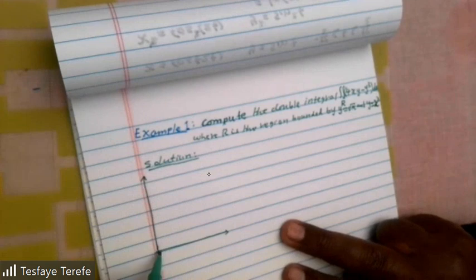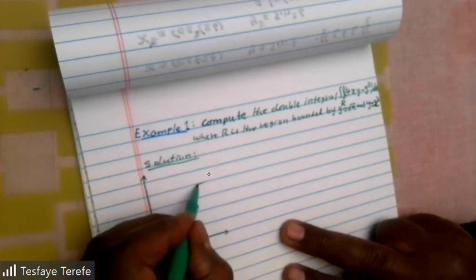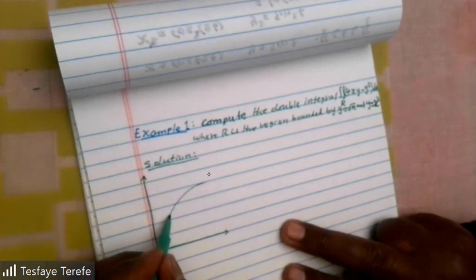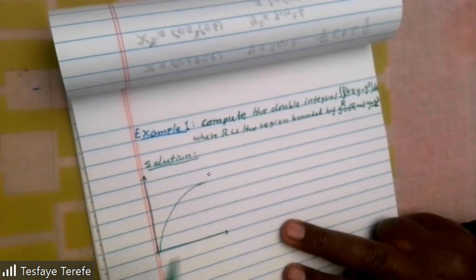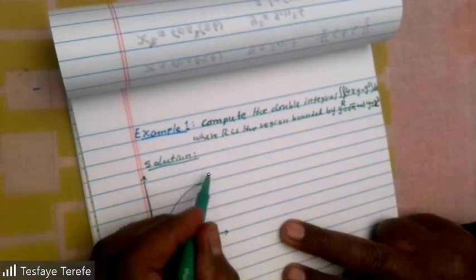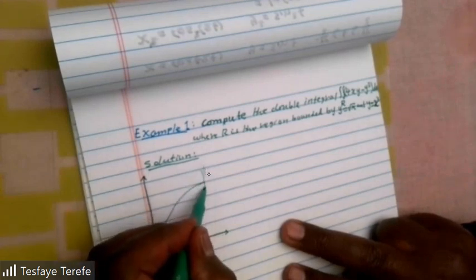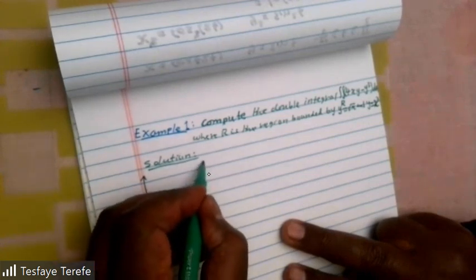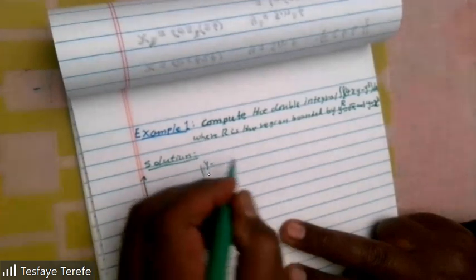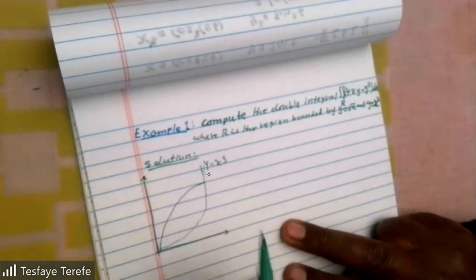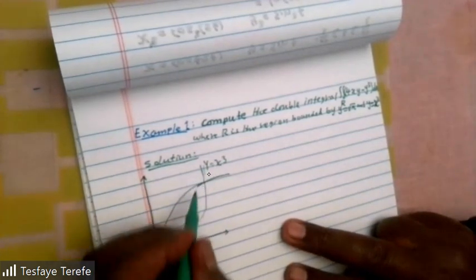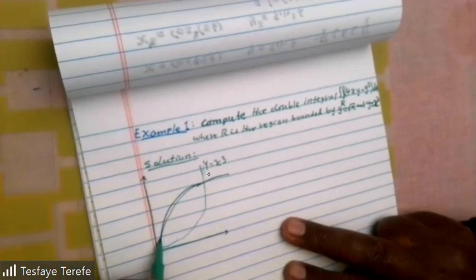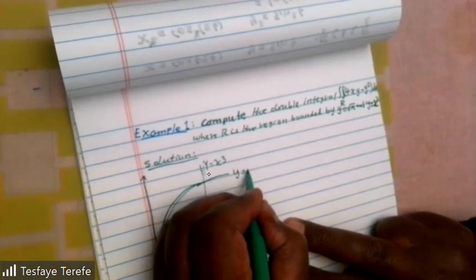The square root function is in the first quadrant, and the cubic function also goes through that. Let me put that this is y equals x cubed, and this is y equals square root of x.